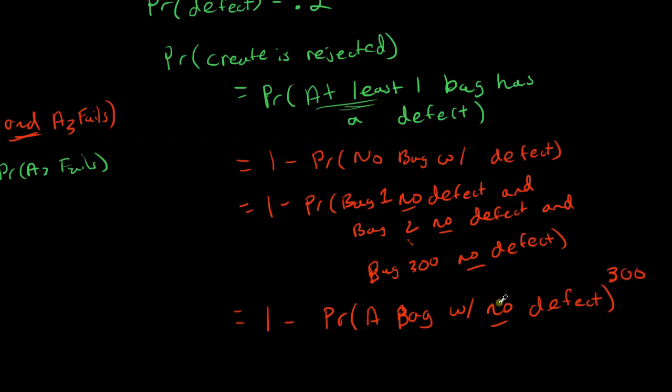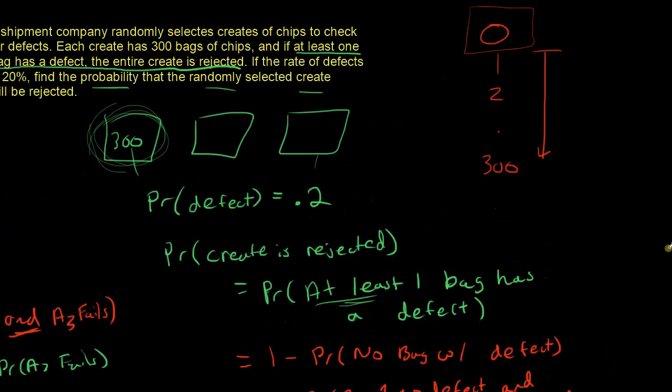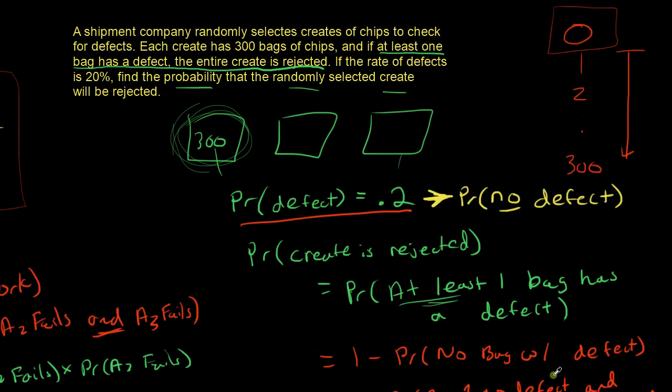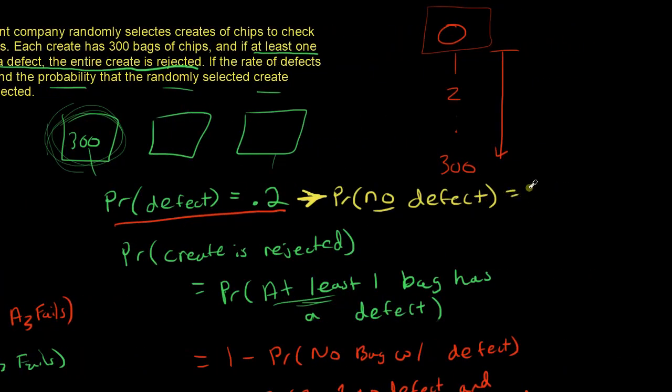Okay? All right, so now what's the probability of a bag with no defect? Well, the rate of defects is 0.2, so the probability that they have a defect is 0.2. So what's the probability that they don't have a defect? I can figure this out. The probability of having a defect is 0.2, so the probability of not having a defect should be the complement, 1 minus the probability of having a defect.